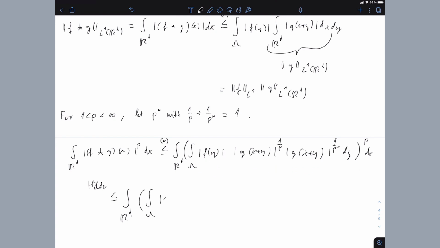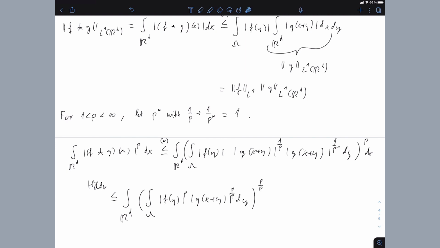So the first one then is f of y to the p, g of x plus y to the p, divided by p. So this cancels. And then to the 1 over p.